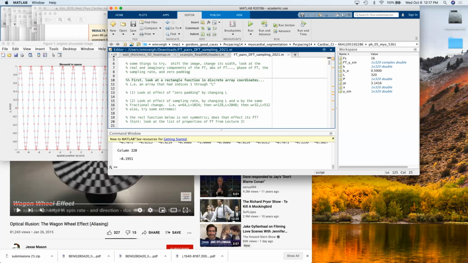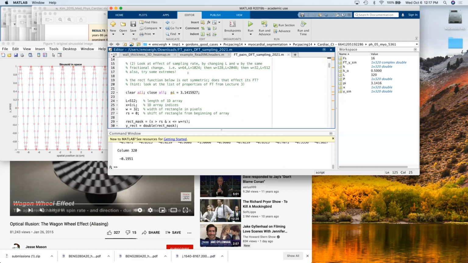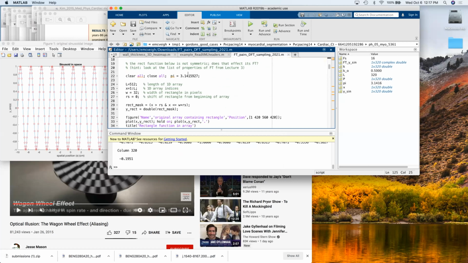Okay, so you can read through it, and this is just creating functions in MATLAB to look at the discrete Fourier transform and how it falls out practically. So we have 512 points. We're going to look at a rectangle.